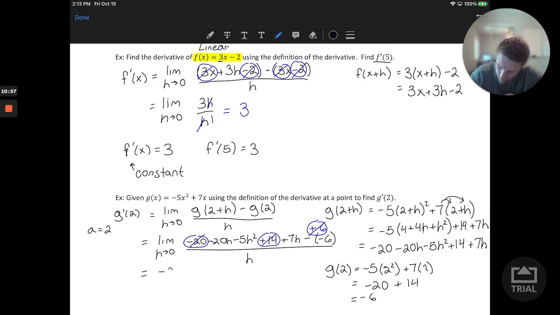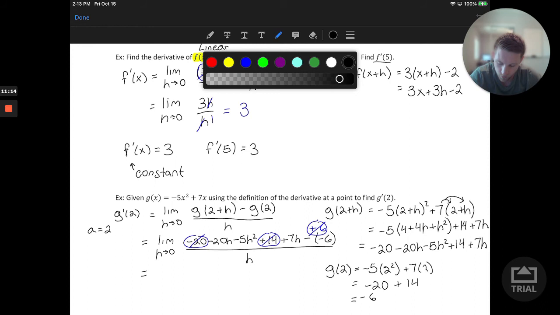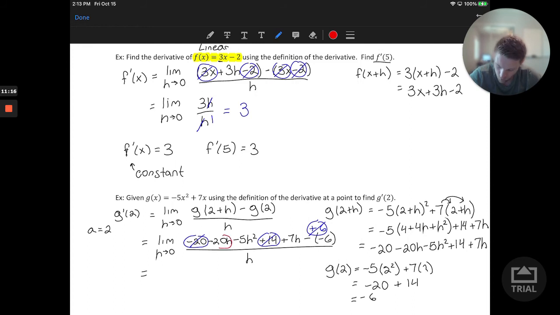We have negative 20h, minus 5h squared, and it looks like we have another like term we can fix up here. We have negative 20h and then 7h. That gives us negative 13h.